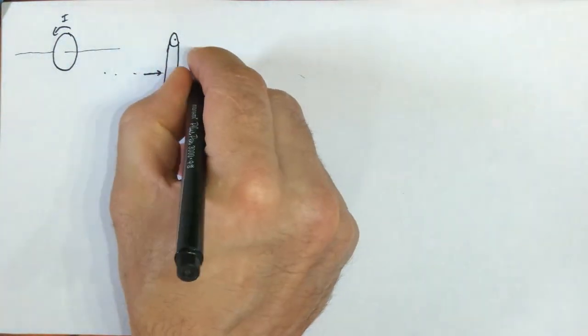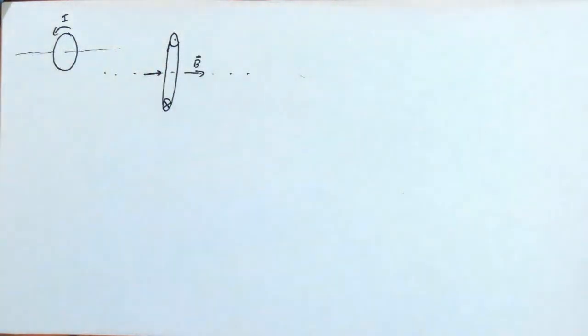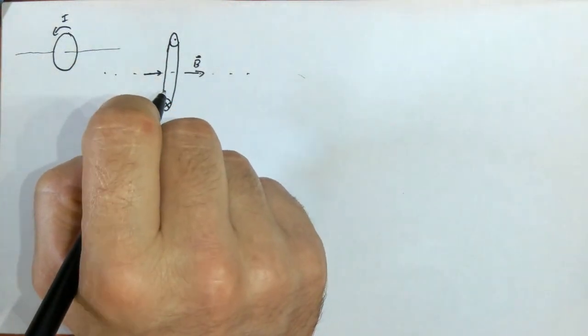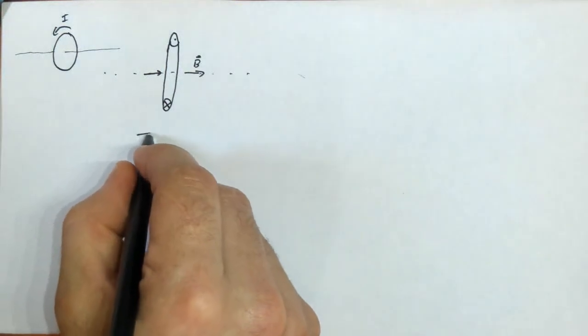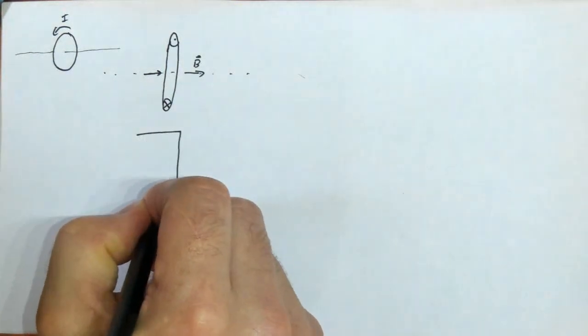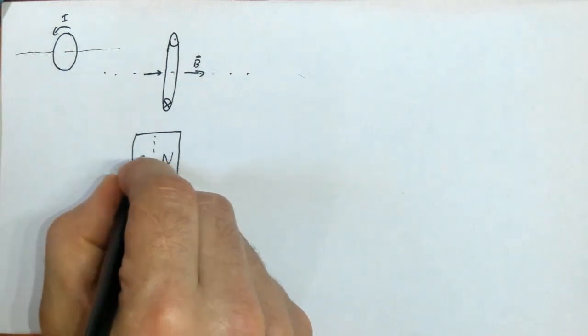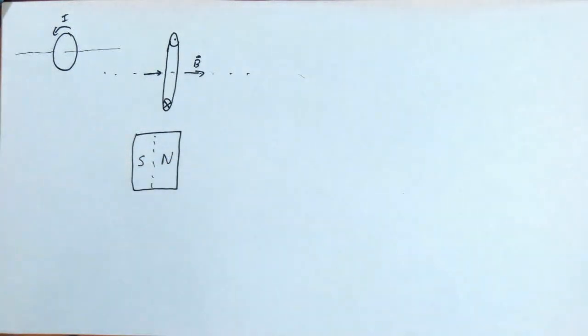you go away. Okay, so what I want to point out in this video is that this acts a lot like a bar magnet. There's very little difference between that and if I have a really small bar magnet. Okay, I'm going to draw, and here's my north and my south. Okay, so every magnet has a north pole and a south pole.